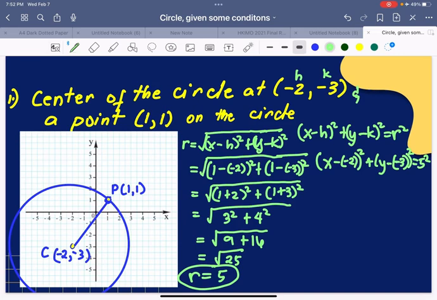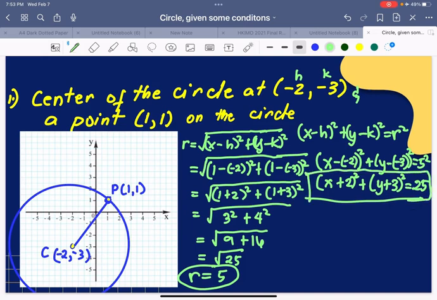Okay, let's simplify. Minus negative, that is plus. So, (x + 2)² + (y + 3)² = 25. So, this is now the equation of the circle that satisfies this given condition.